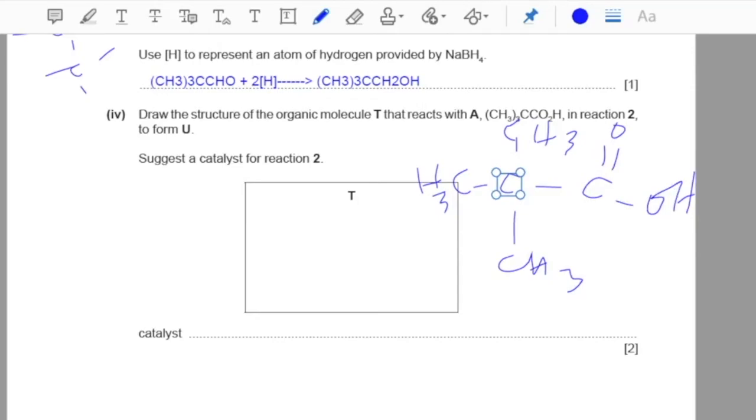Then it reacts with some kind of reagent and produces U, which is an ester. And U has a structural formula of this, this is CH3. This is the ester linkage.